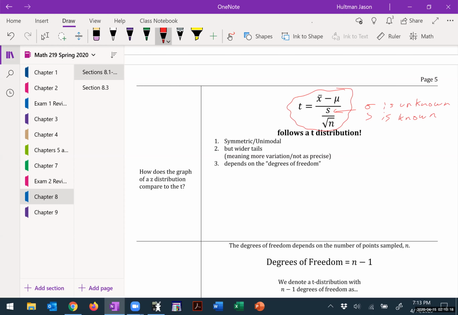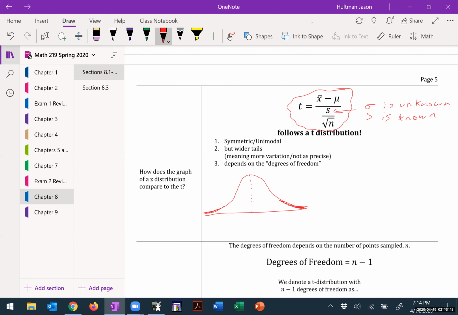Well, what does a Z look like? A Z looks like this. No, it doesn't. Try that again. A Z looks like this. Nice mean, nice tails. Oh my gosh, I can't believe I just did that. Just trying to make it a little nicer.